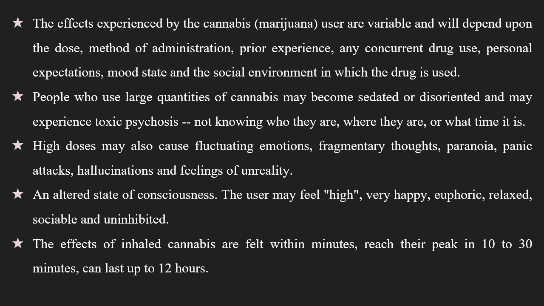Toxic psychosis is a state in which a person does not know who they are, where they are, or what time it is. High doses of cannabis also cause fluctuating emotions, fragmentary thoughts, paranoia, panic attacks, hallucinations, and feelings of unreality, an altered state of consciousness.